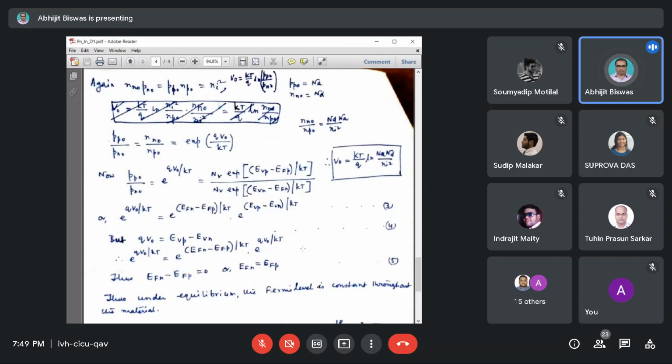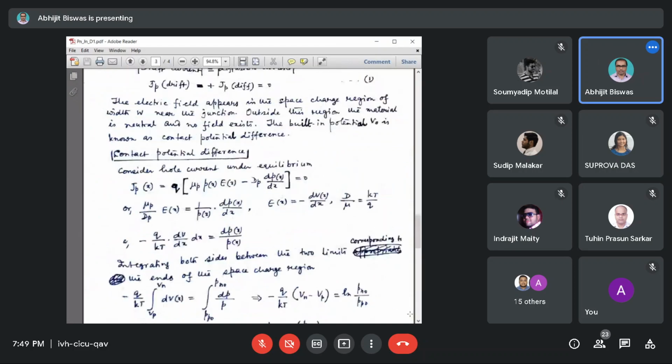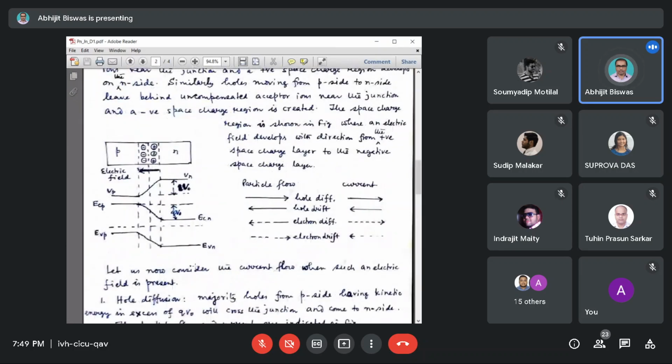You know that (EVp minus EVn) by kT is nothing but qV0 by kT. You see this diagram, the bottom one on the left hand side. The energy difference between ECP and ECN is equal to Q times the contact potential, Q times V0.